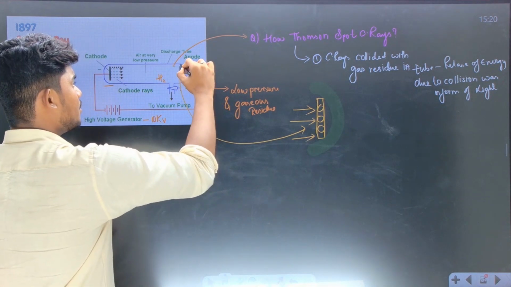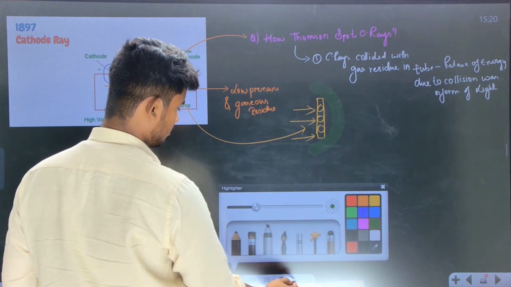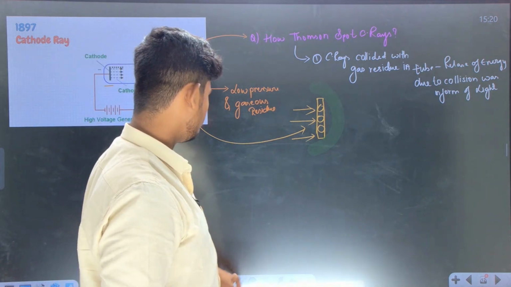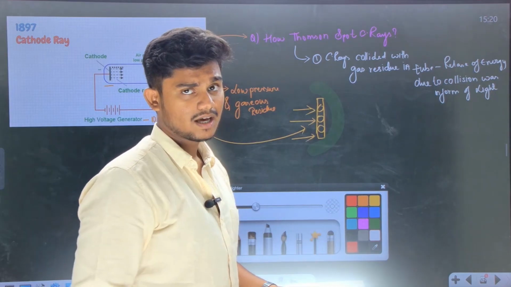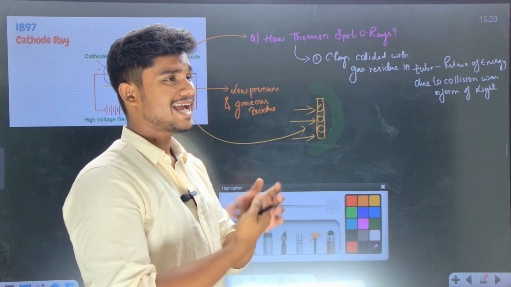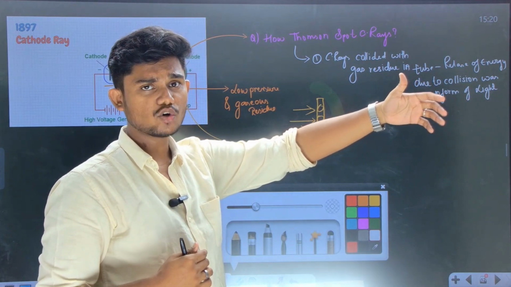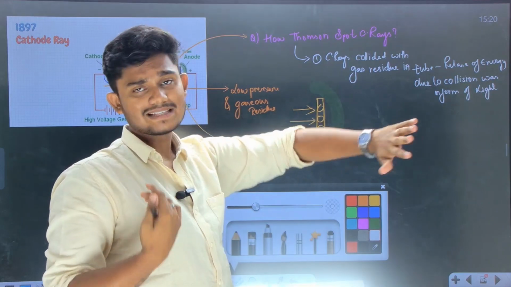When the screen behind the anode is hit with the cathode rays, there is emission of light, which shows that cathode rays have been moving. Something has been moving in a straight line towards the anode, and since it is from the cathode, J.J. Thomson named it cathode rays.